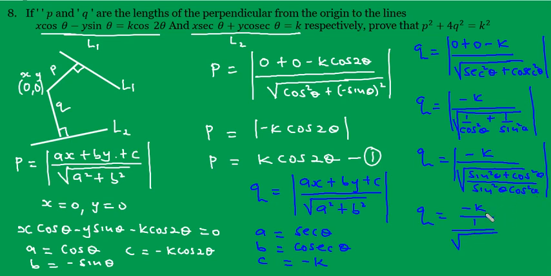This can as well be written as sin 2 theta squared over 2. Remember the 2 is not under the root, so let me first create the space here.